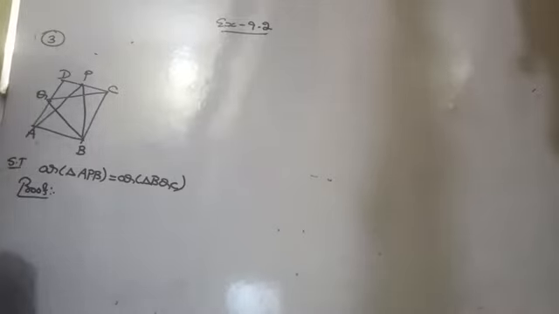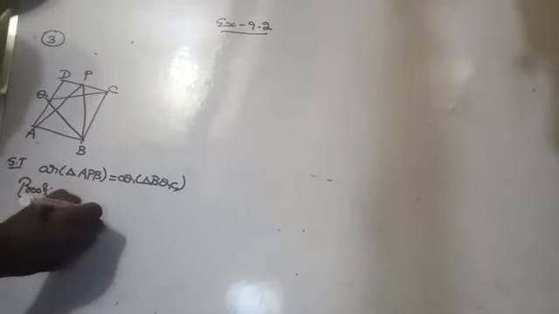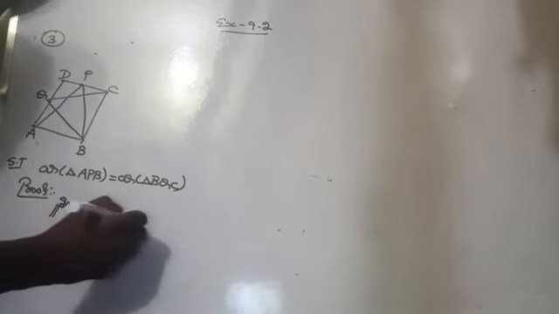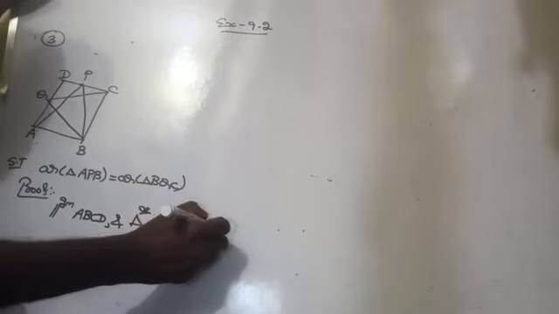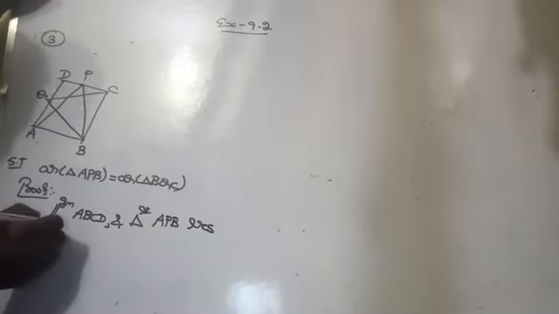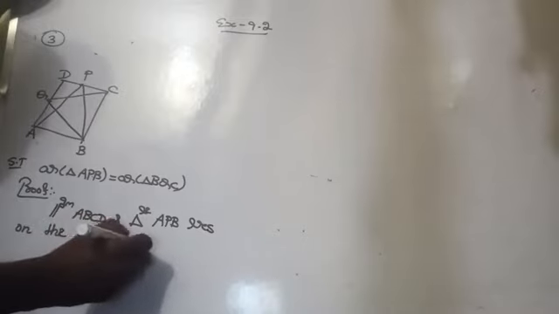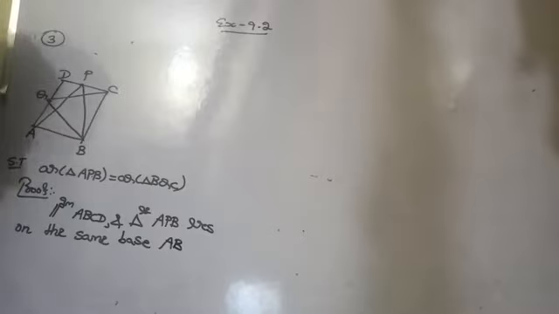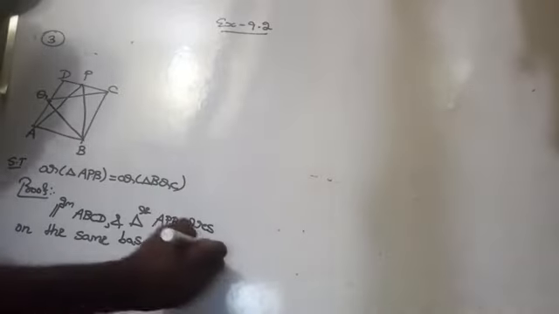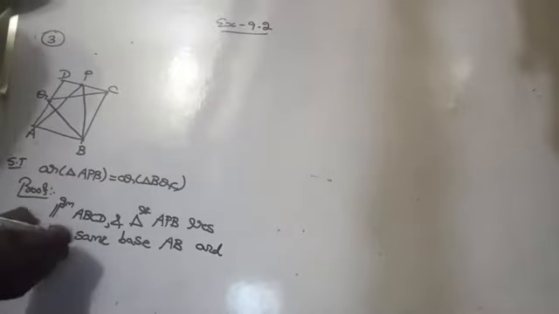Now, in parallelogram ABCD and triangle APB lie on the same base AB and between the same parallels. Which ones?